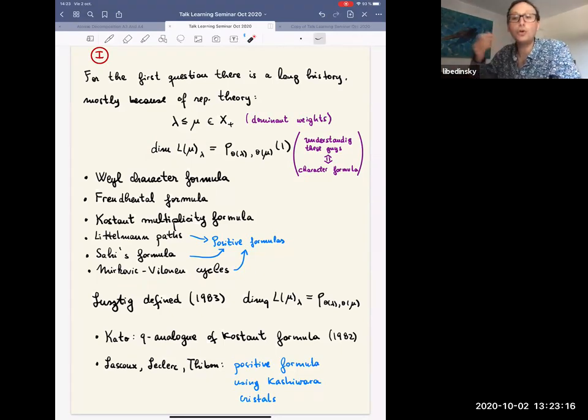And there is a q-analog of these. In 1983, in a famous paper, Lusztig defined the q-analog, which is the Kazhdan-Lusztig polynomial, the full Kazhdan-Lusztig polynomial, not just evaluated at 1. And he conjectured this formula of Kato, which is an analogous formula to the constant multiplicity formula, but with a q.